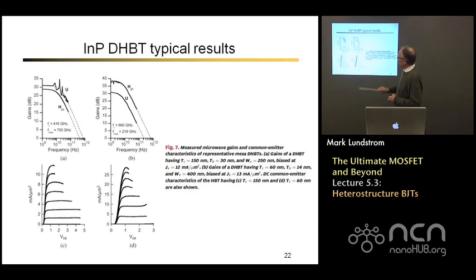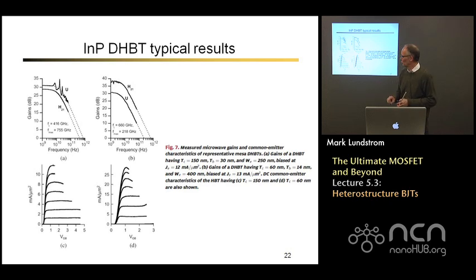These are plots of the frequency performance, and we will discuss this in the last lecture. You're seeing a couple of different plots of the common emitter current gain and the maximum frequency of oscillation, or power gain. When the gain drops to 0 decibels, remember decibel is a logarithm, so 0 dB means the gain has dropped to 1. That's as high a frequency as you can make a useful amplifying circuit.